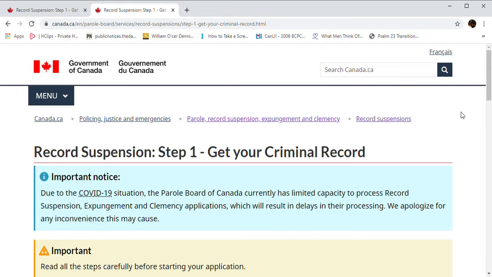Here we go. 1-800-874-2652. So again, that's 1-800-874-2652. It's the Parole Board of Canada. And if you don't believe me that this is the same website that has to be used to process a pardon and complete your pardon, give them a shout and ask them this question.